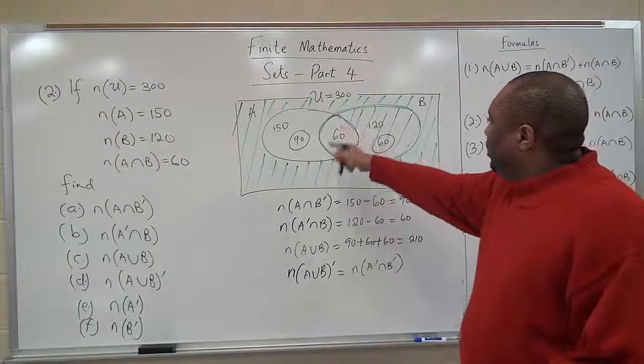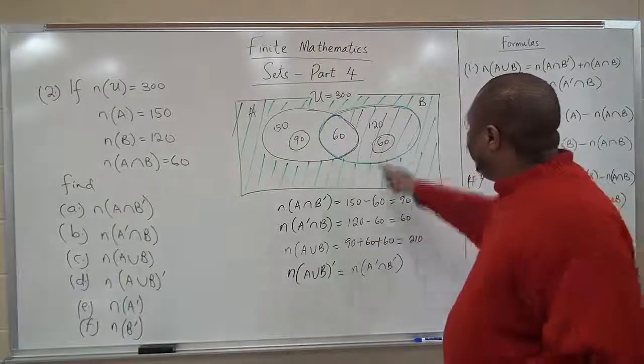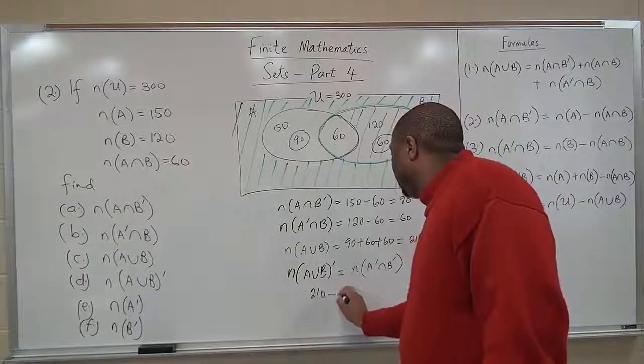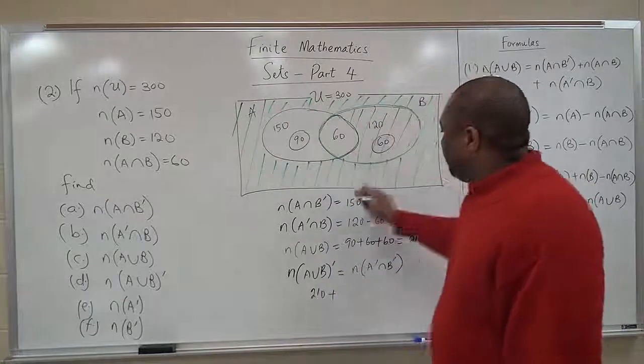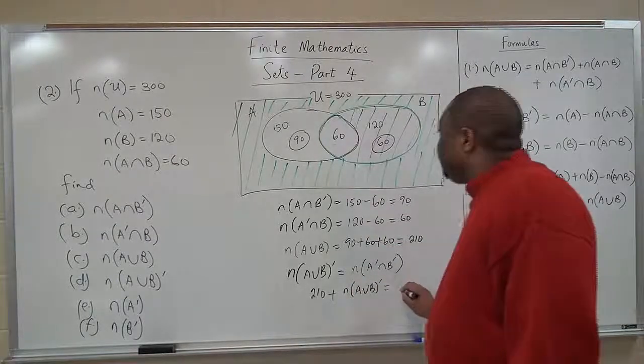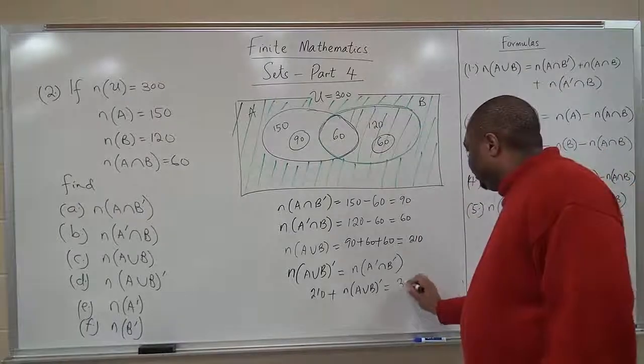This whole here is 210, so 210 plus cardinality of A union B all prime will give you 300.